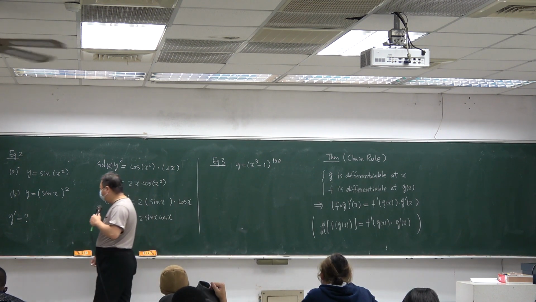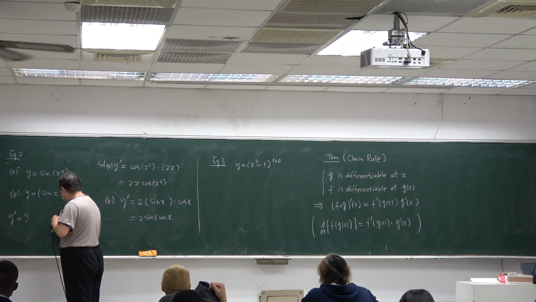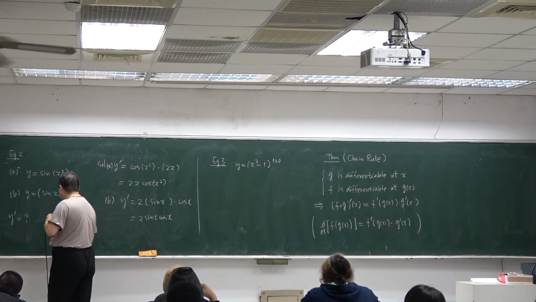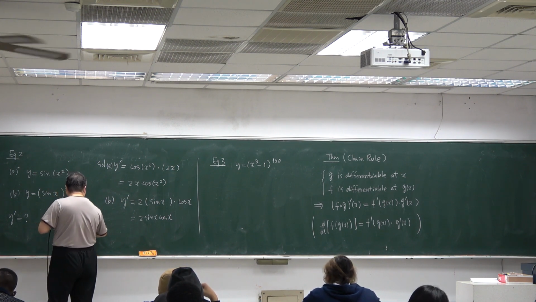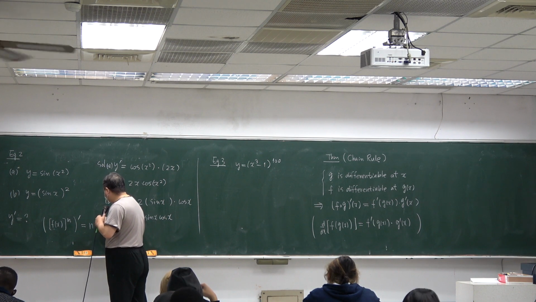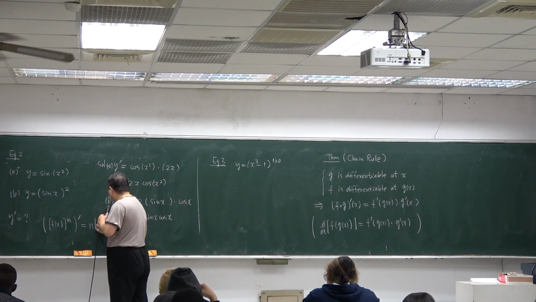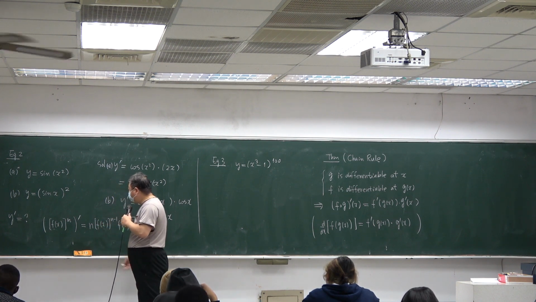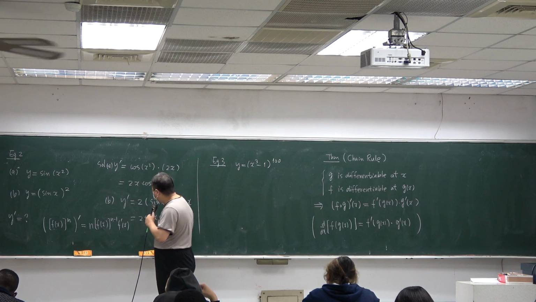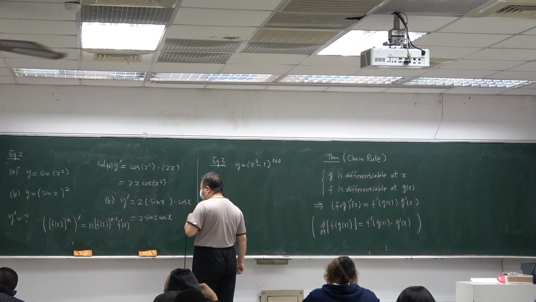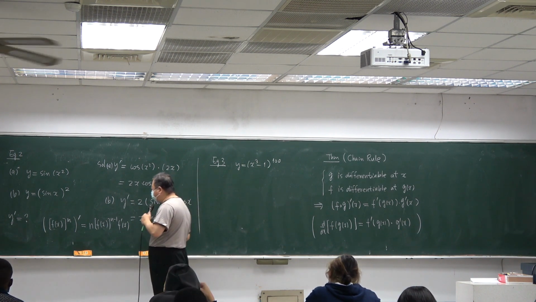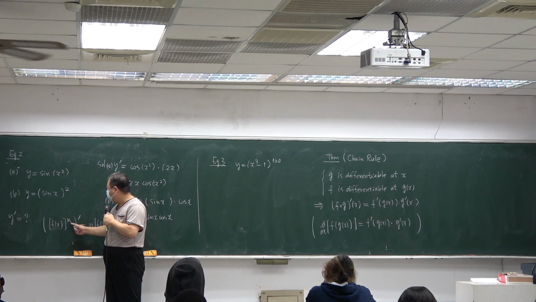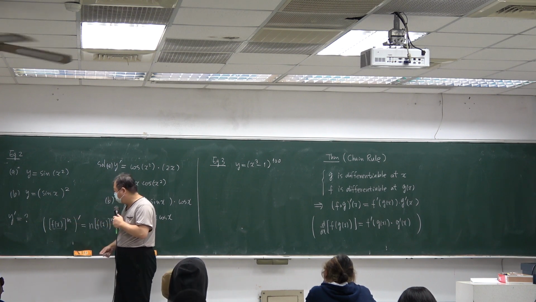I still remember a function f to the power n, whose derivative is n times... yes, this is a special case of the chain rule, because x is mapped first by the inner function f, then by the power function with exponent n.